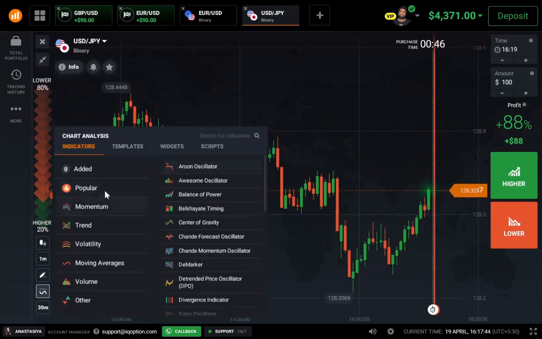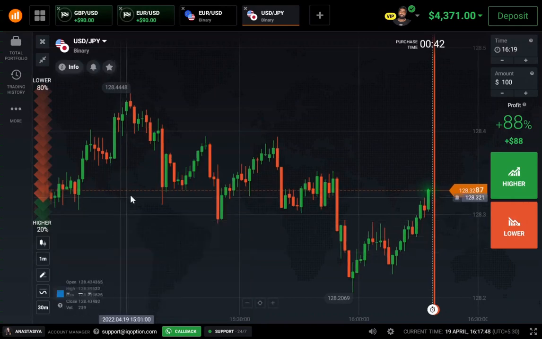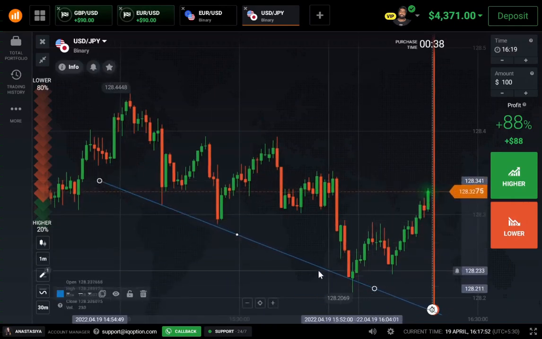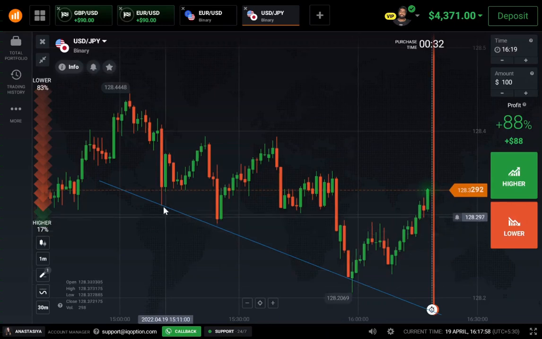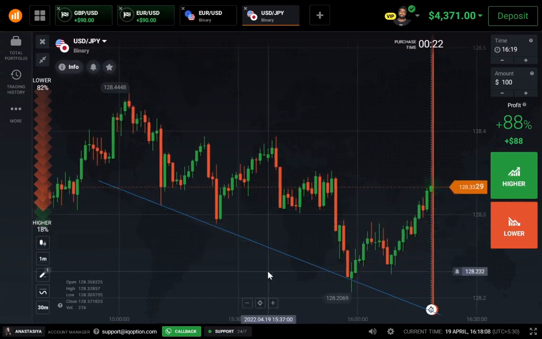So if you see here, I have drawn a trend line connecting three touch points of the market. I have drawn the line which will connect these three bottoms, these three lows of the price.